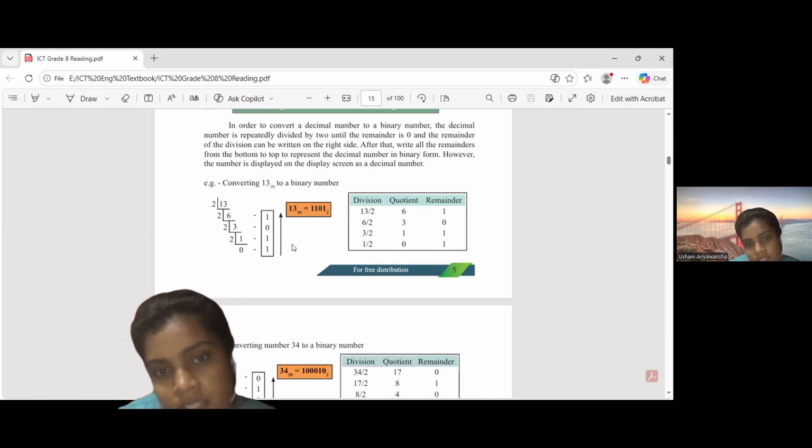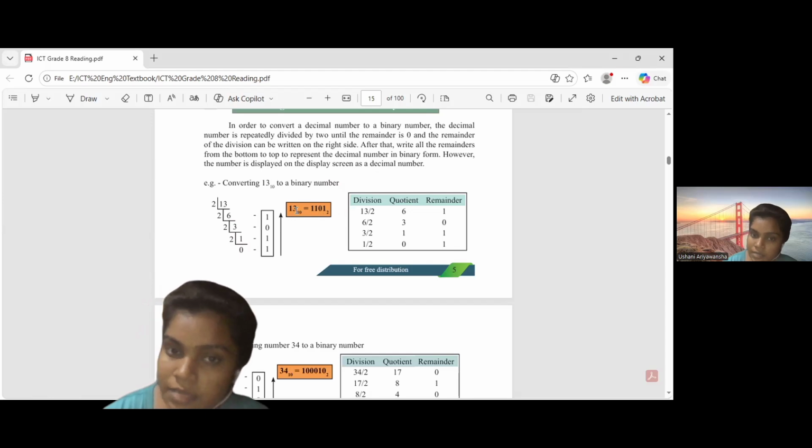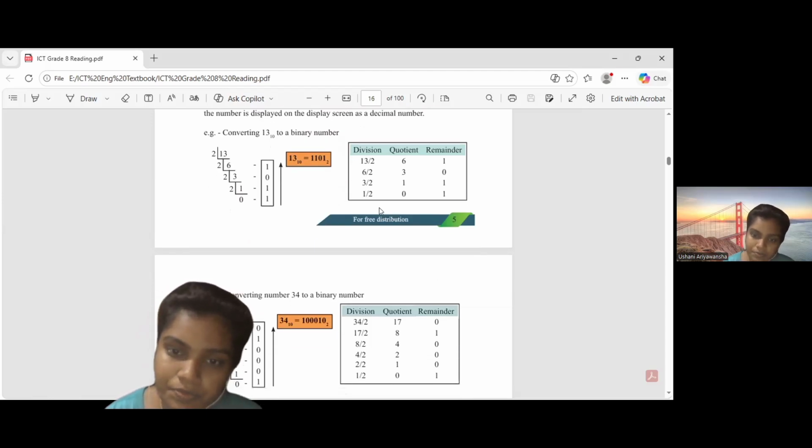To get the binary number, you should write down these numbers bottom to top, right? Bottom to top, like this, right? So this is how we convert decimal to binary, right?